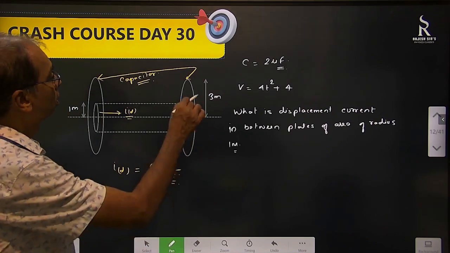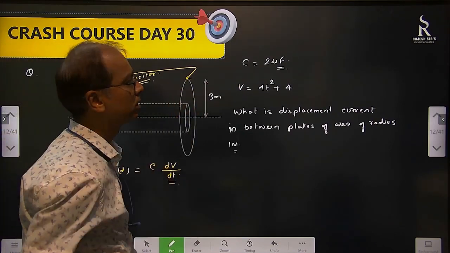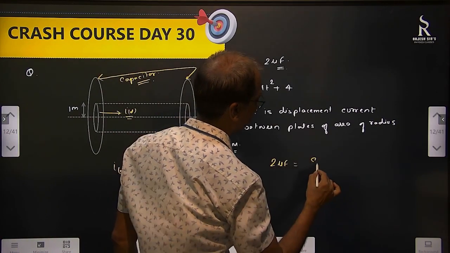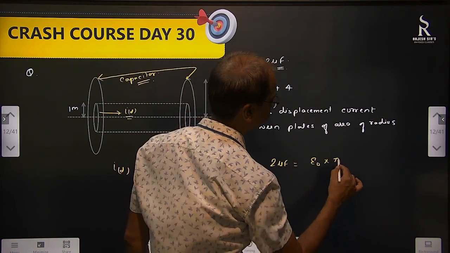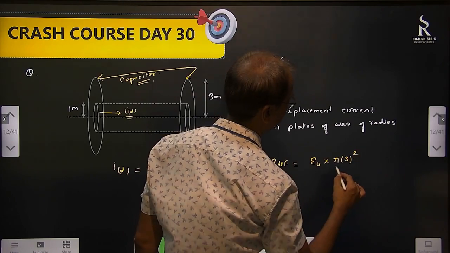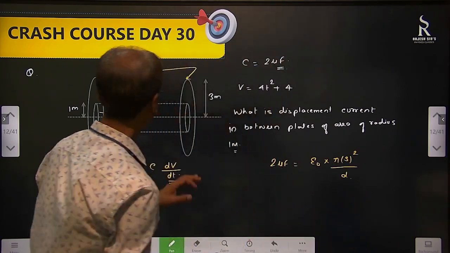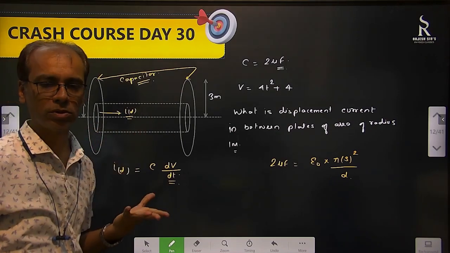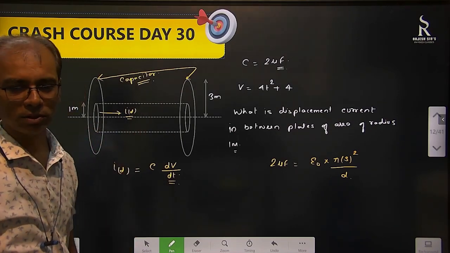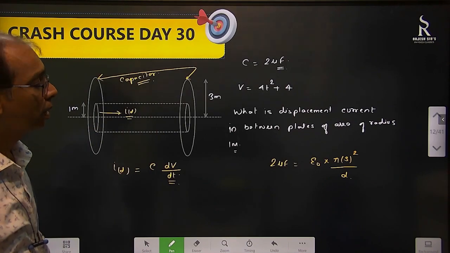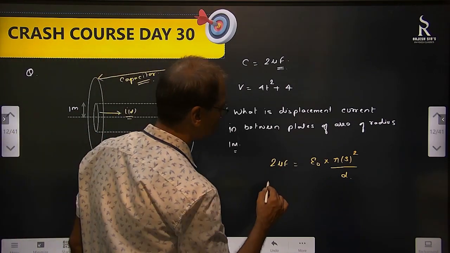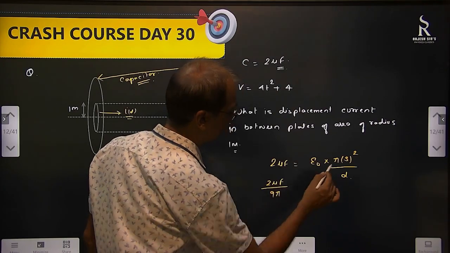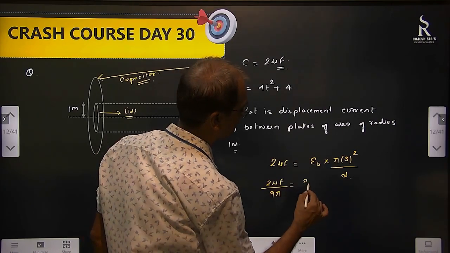The larger one's C is given. So this 2 microfarad actually is epsilon naught, area is pi into 3 square, by d. Whatever is d for the bigger capacitor, same is d for the smaller one also, so I am not bothered about d as such. So this is 2 microfarad by 9 pi. That's the value of epsilon by d.